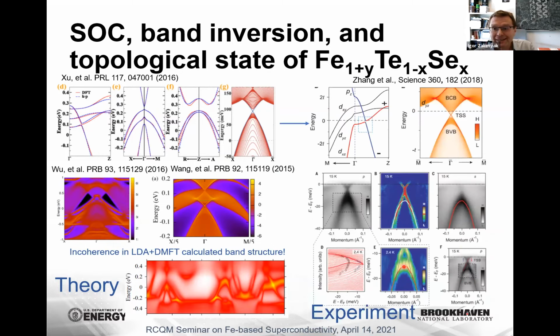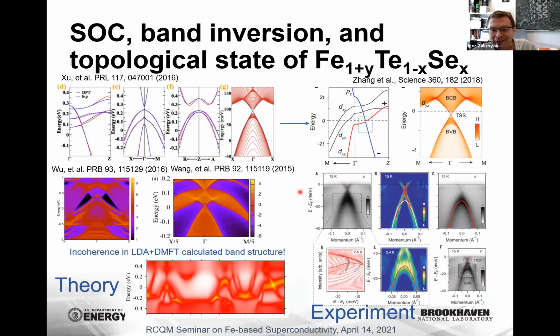But nevertheless, there were experiments conducted following these predictions, which indeed observed formation of this topological surface state, and it was in quantitative disagreement with the theory, because theory predicted it to be way above the Fermi level, but luckily in experiment it was observed right near the Fermi level.